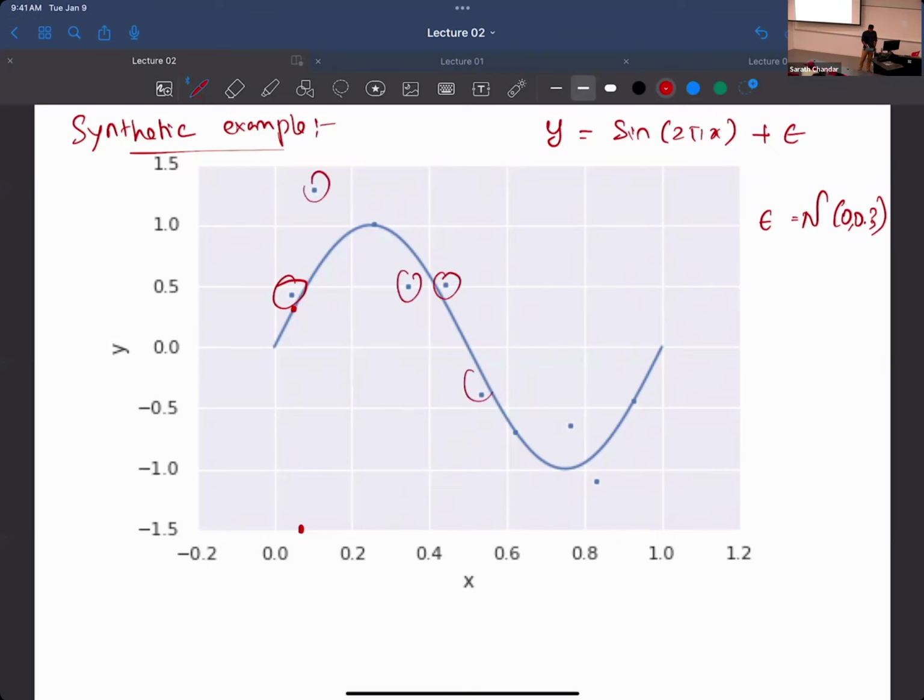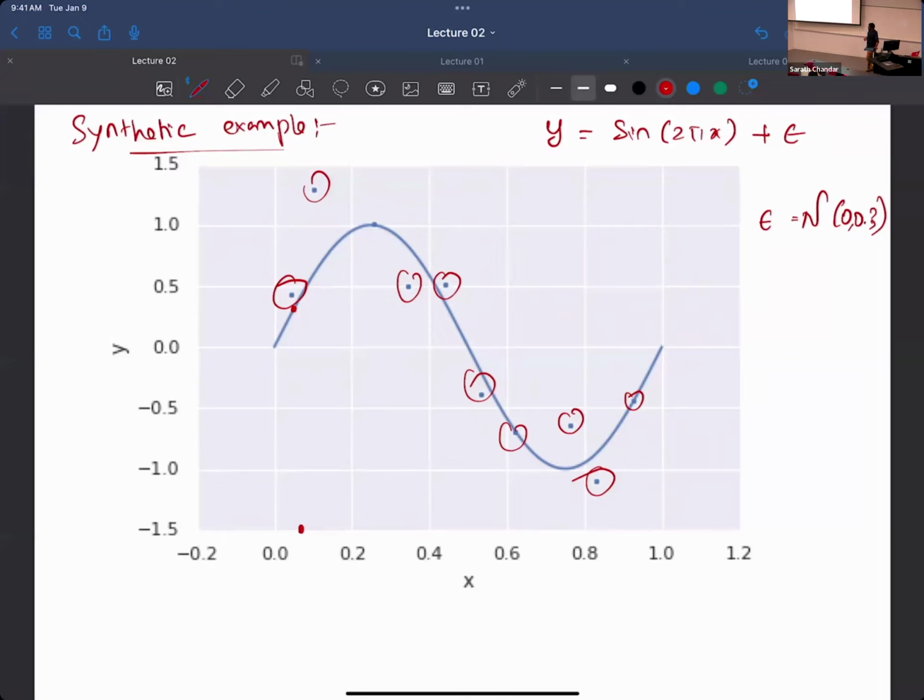So these are the data points. Is that clear? Given these data points, I'm interested in coming up with a model that will make good predictions for the unseen x. Is that clear?